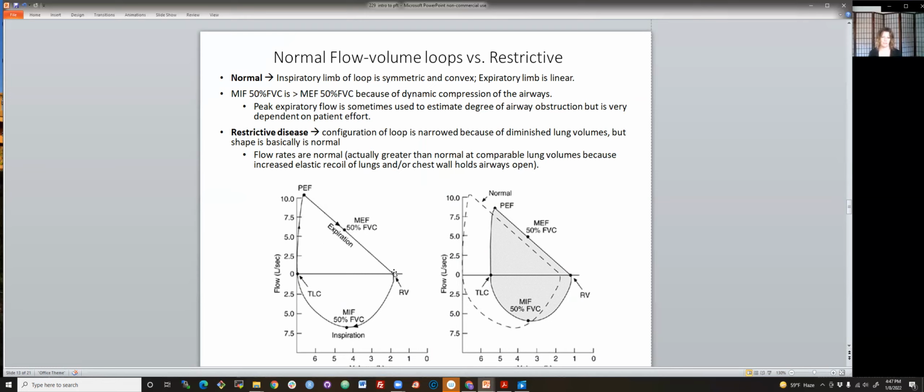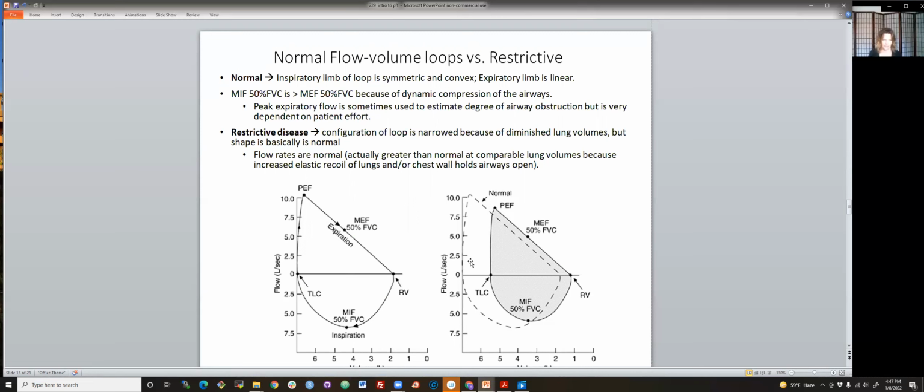So this is a normal curve. You notice that the inspiratory limb of the loop is symmetric, okay, and convex, but the expiratory limb is more linear. And specifically after the peak expiratory flow has been accomplished, then we've got more of a linear depiction here.